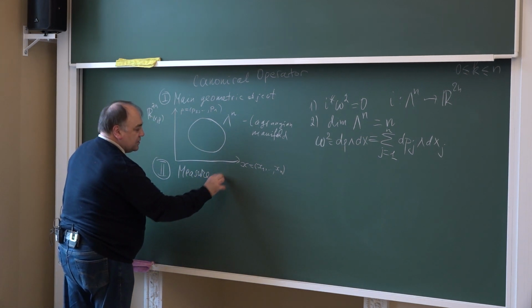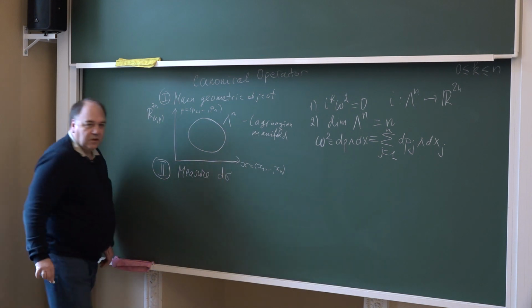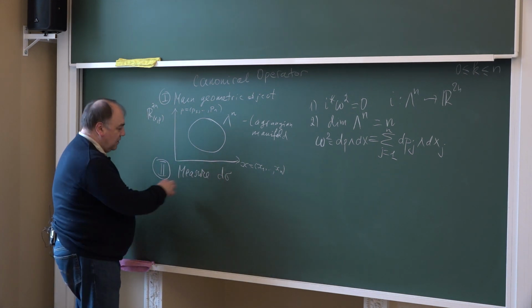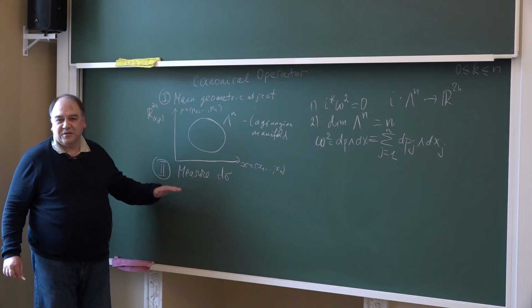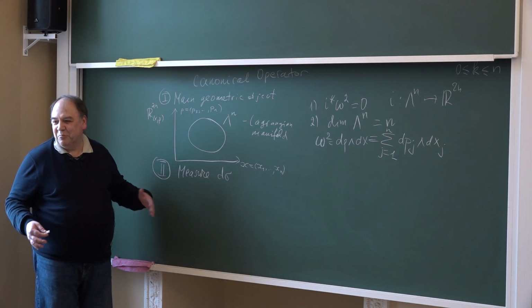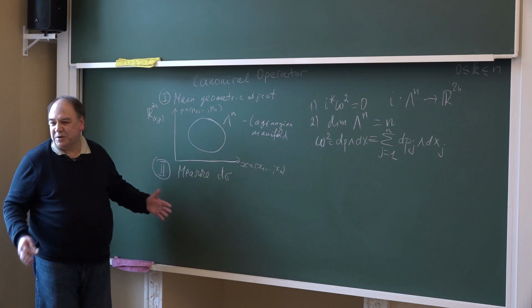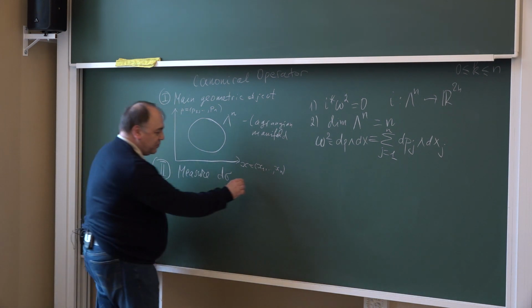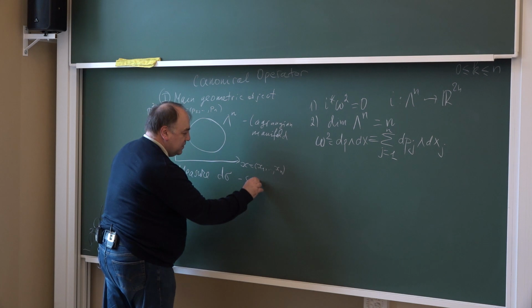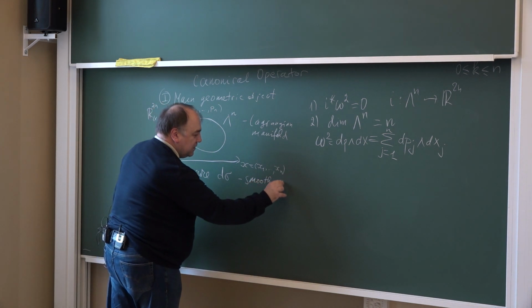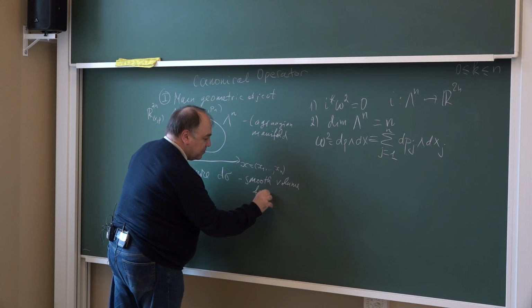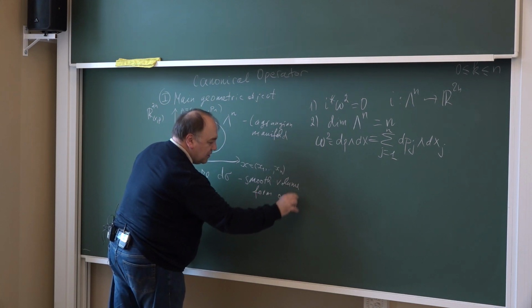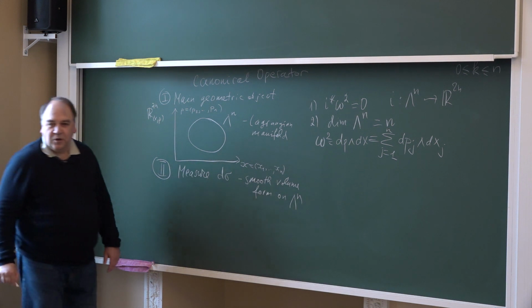I will write it as dσ. By a measure in the theory of the canonical operator, one doesn't mean just any, perhaps very pathological, measure, but just a smooth volume form on Λ^n.